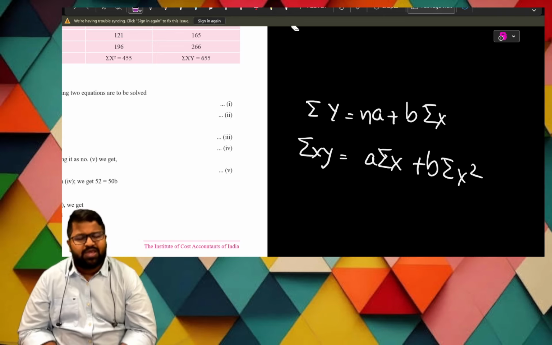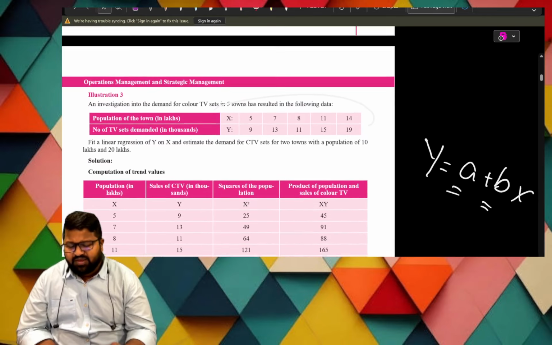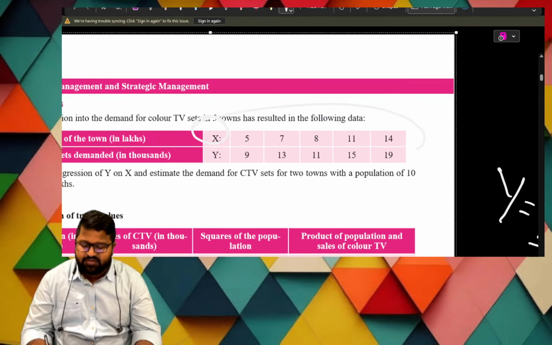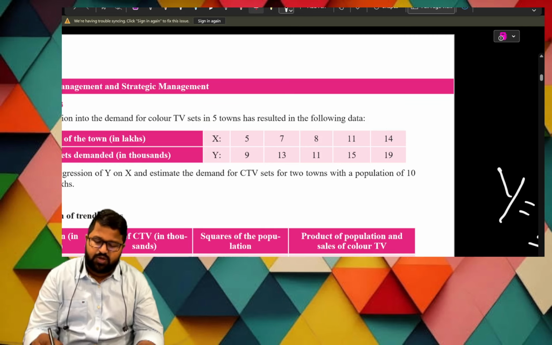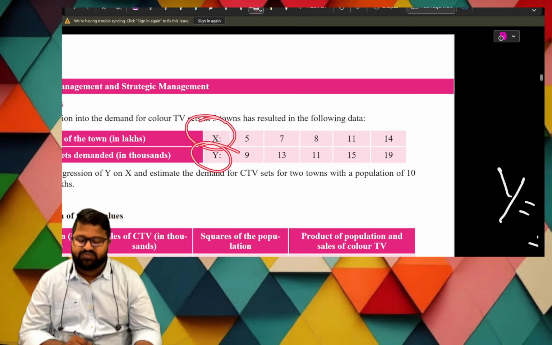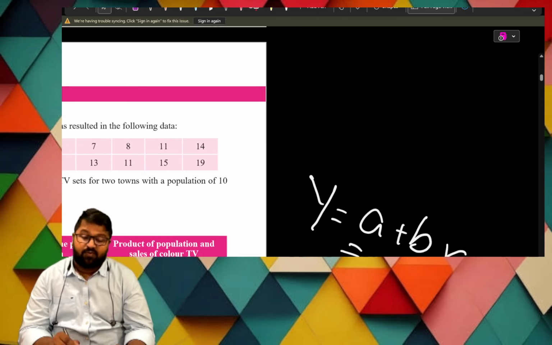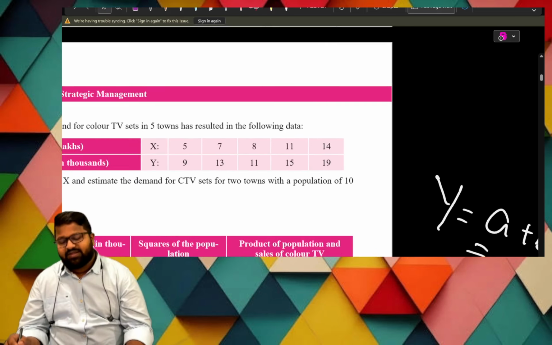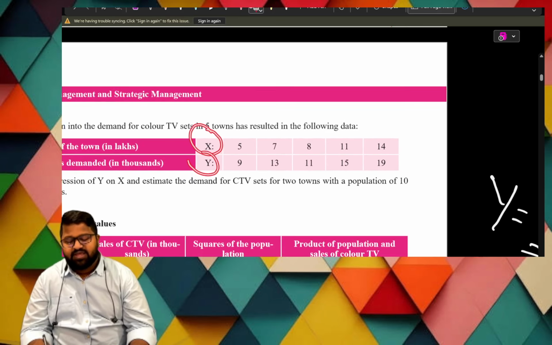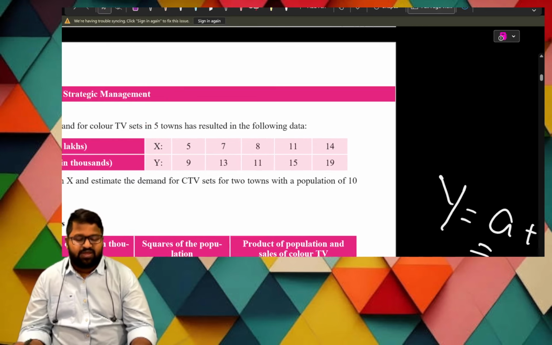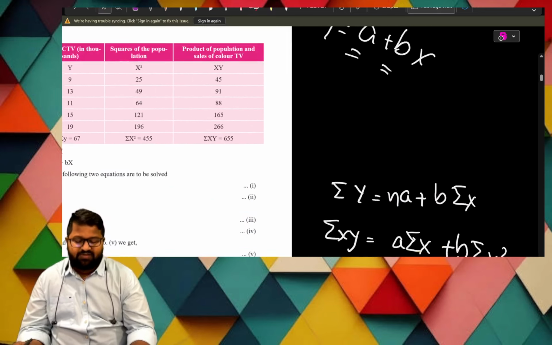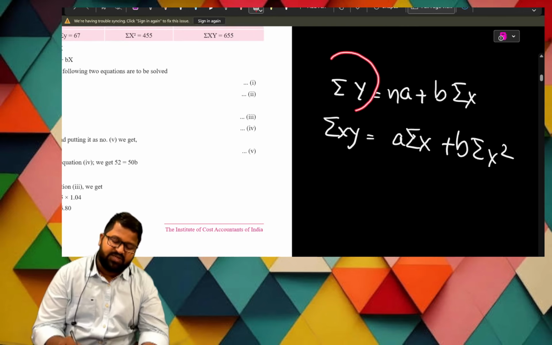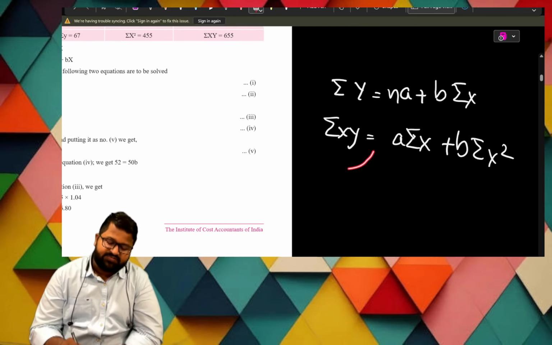In the question, the x value is given and the y value is given, and I have clearly mentioned what summation x and summation y are. Maintain two columns, write x and y, and find summation x and summation y. Also, summation y and summation xy can be found.